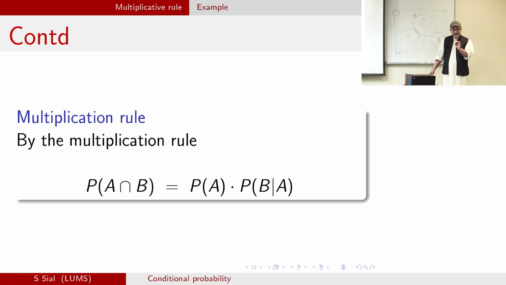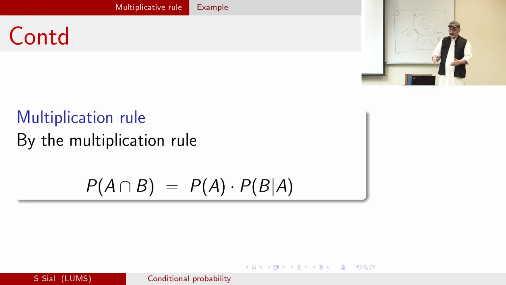B given A means you already took out a black sock. And now what would be the probability of drawing a white sock? Right, so you have 9 left. Out of those, the original 7 white ones are still there because you drew a black first. So the probability of B given A is 7 out of 9.